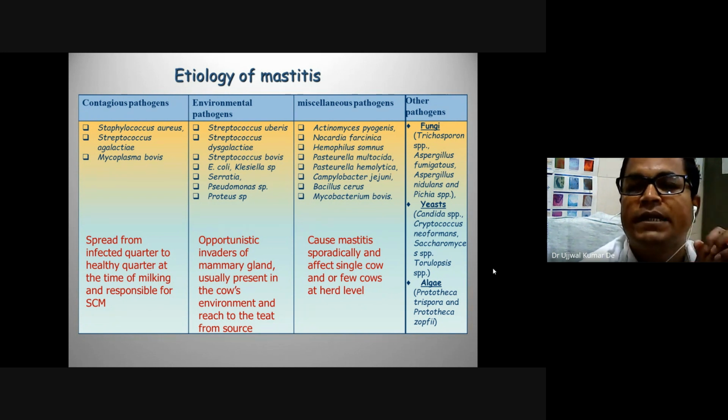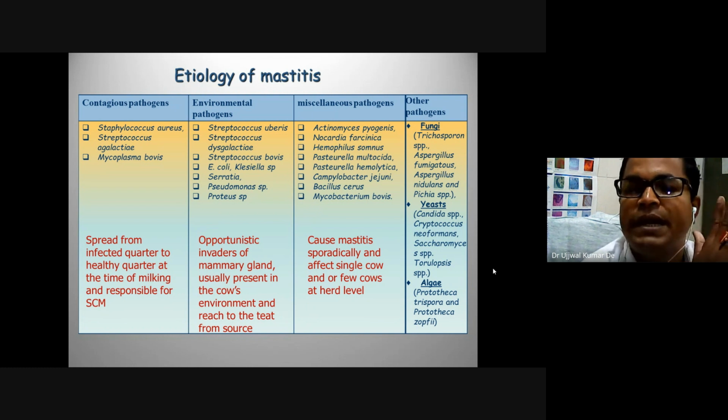Apart from bacteria, there are other pathogens such as fungi, yeast, and algae: Aspergillus, yeast like Candida and Saccharomyces, and protozoa like algae. They also produce infection, and it is quite difficult to diagnose such types of mastitis.